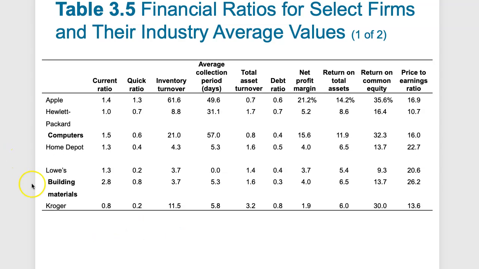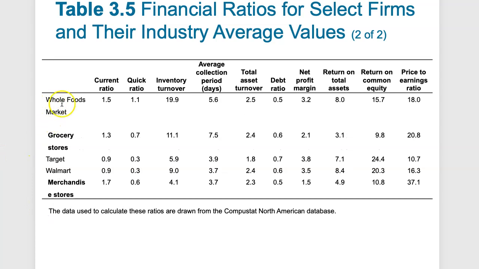We could look at grocery stores like Kroger and Whole Foods. Whole Foods is no longer broken out because that was purchased by Amazon. We could look at merchandisers like Target and Walmart. So these are key competitors. So they might want to find your closest competitor to compare how your financial ratios are measuring against their financial ratios.